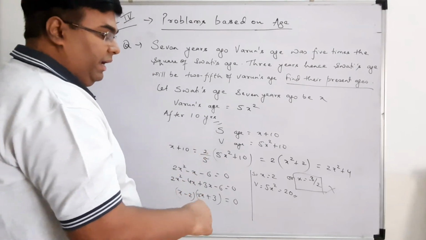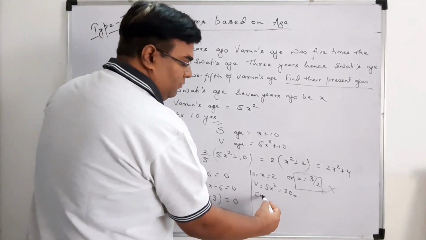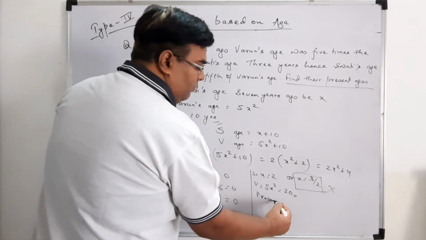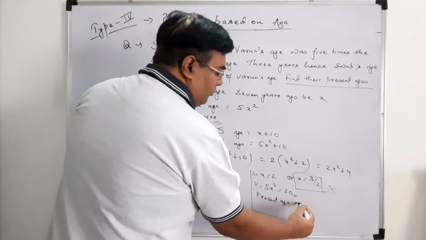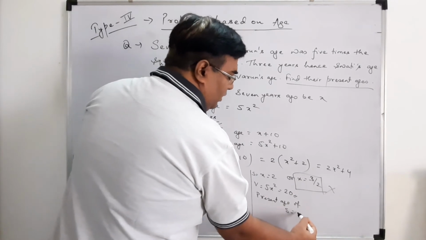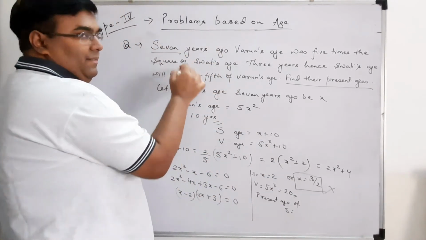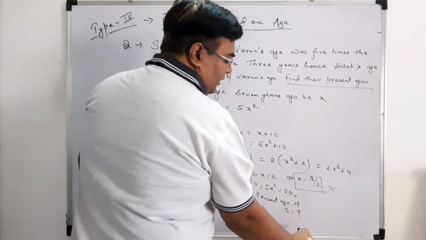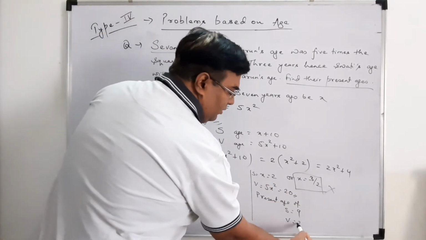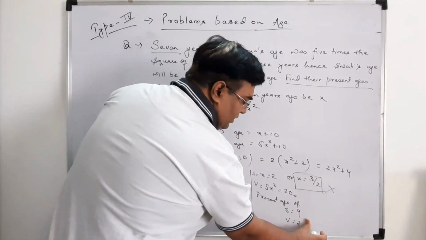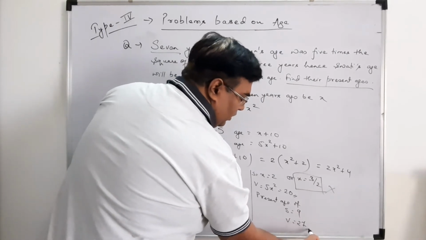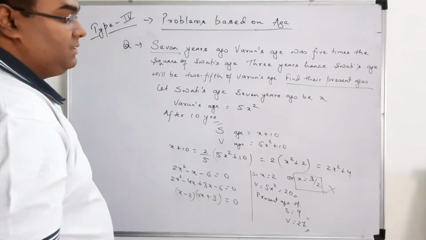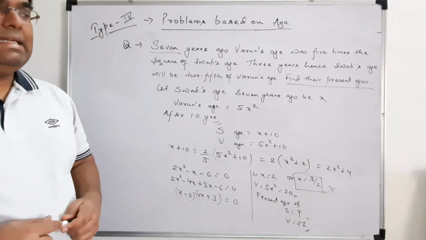So the present age of Swati is, since it was 7 years ago, we need to add 7. 2 plus 7, 9, and Varun's age will be 20 plus 7, 27. Right? So this is my final answer, 9 and 27.